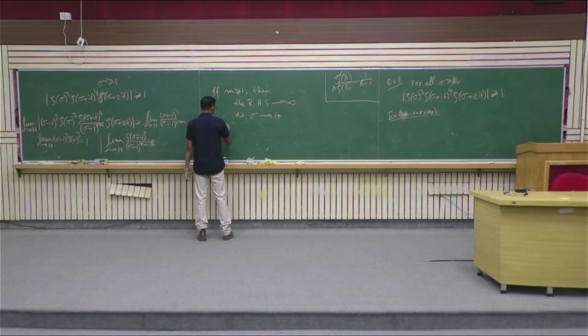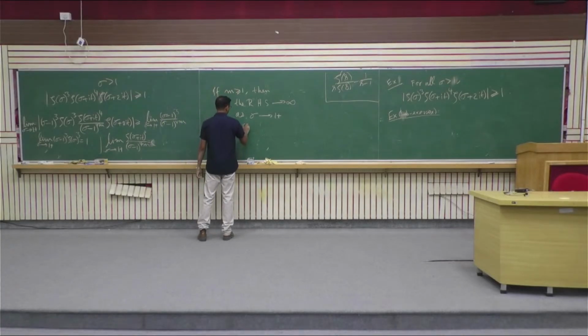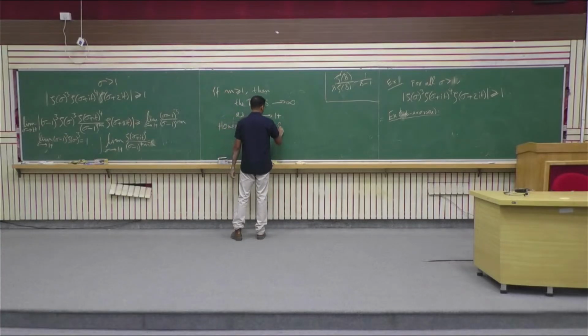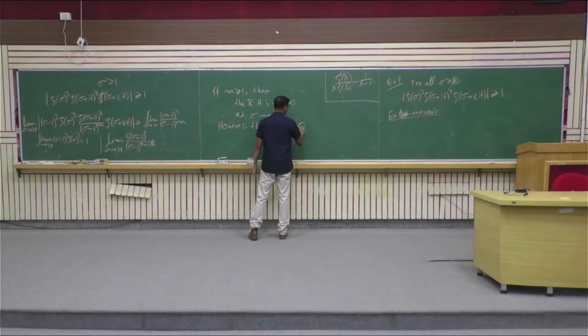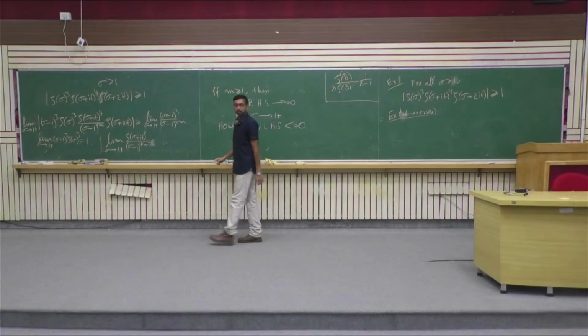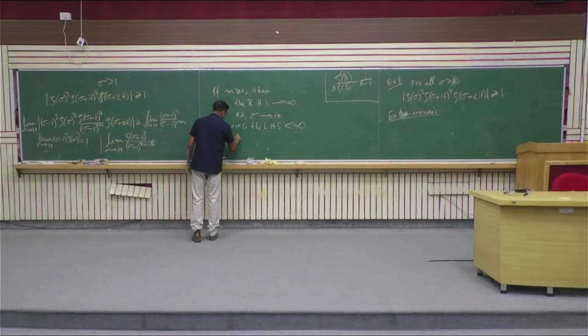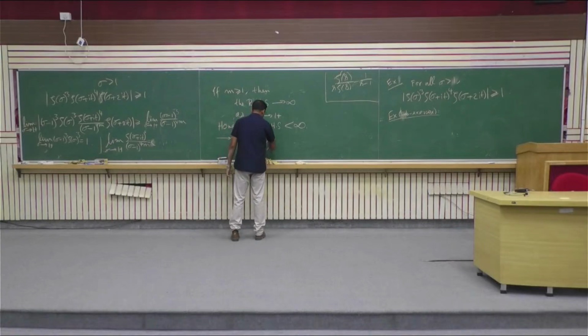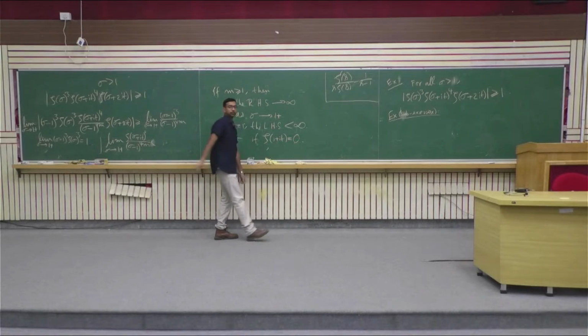However, the LHS remains bounded. So thus we are getting a contradiction if sigma of 1 plus it is equal to 0.